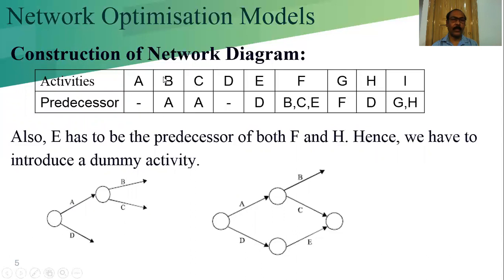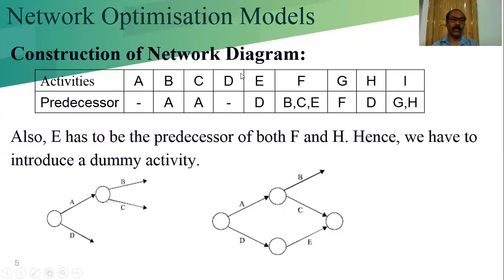Now B and C both have the predecessor A. So A is the predecessor of B and C. So from this node where A activity is entered, from that node B and C are going out.